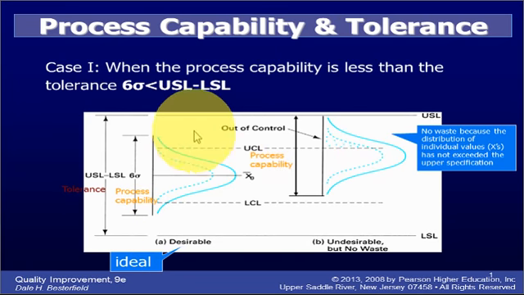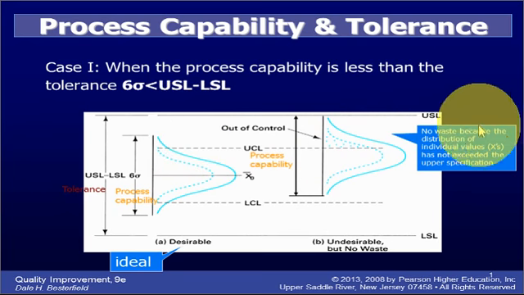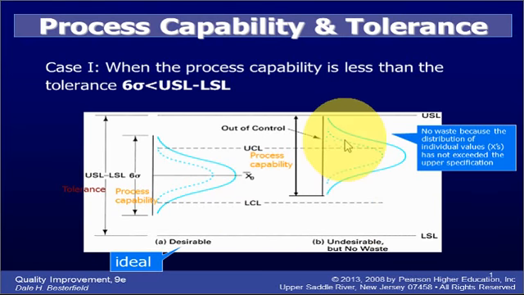And because I have some space between my upper control limit and the USL, and also the lower control limit and my LSL, it even has some flexibility of shifting my process. Even if my process is shifted a little bit, the out of control point will still not be wasted because it's still within the tolerance limits.